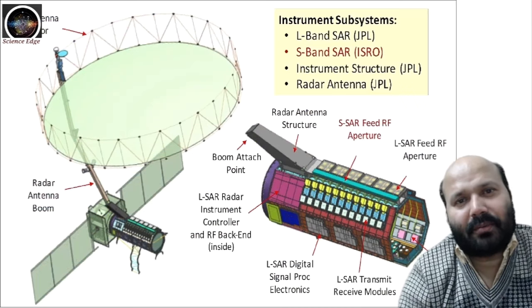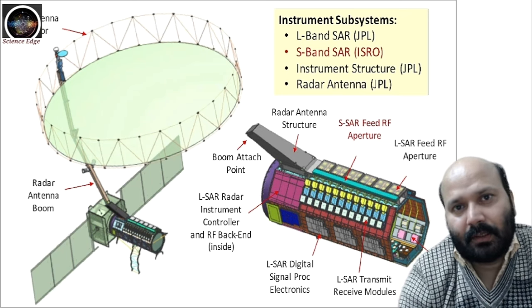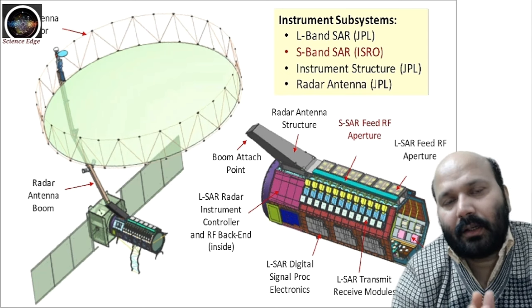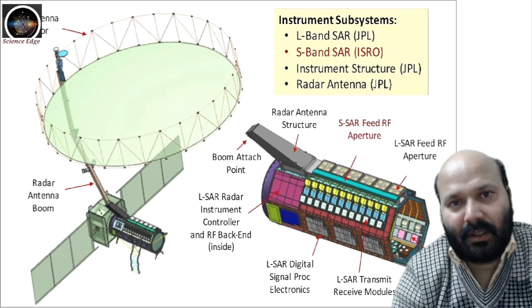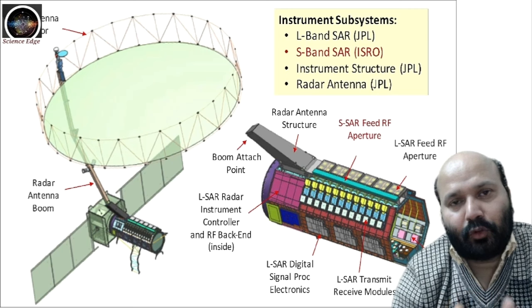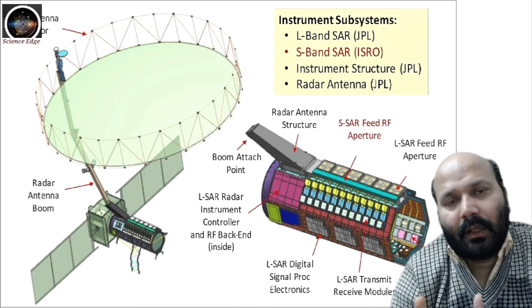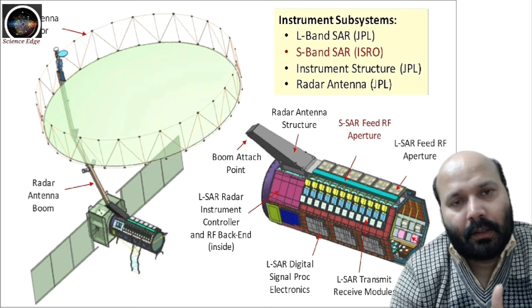Now, what is the contribution of NASA and ISRO in assembling this radar-based imaging satellite? NASA contributed for its own benefit, ISRO contributed for its own benefit. First of all, I'm going to talk about the NASA contribution. NASA provided the L-band radar.